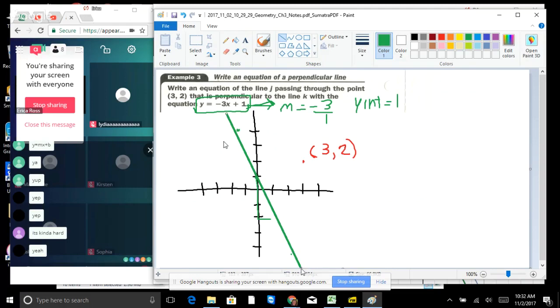So what we want is a line that is perpendicular. The last one we did was a parallel line. This line is a perpendicular line. Perpendicular means that it meets at a right angle.